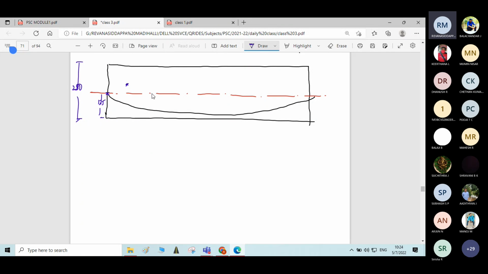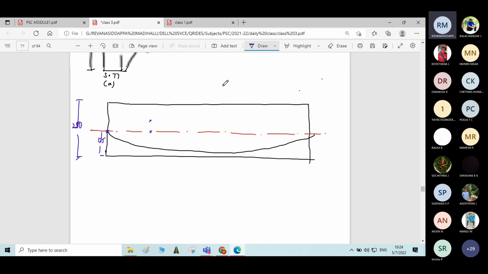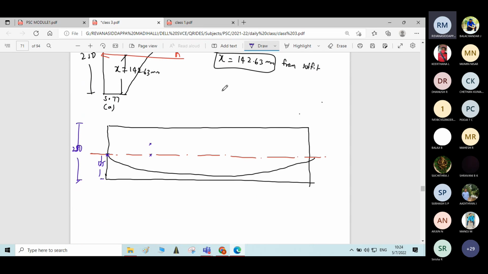Sorry, quarter span comes here, no? Nearly here it will come. So 138. Okay. At mid span, 142.63, somewhere here. Okay.